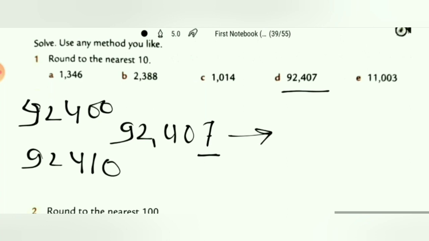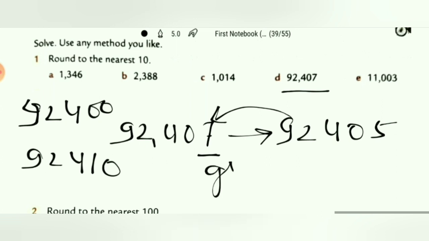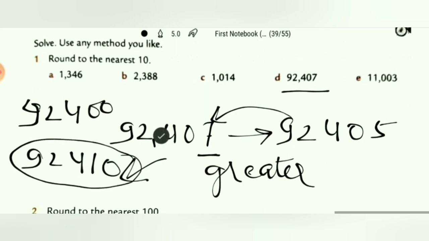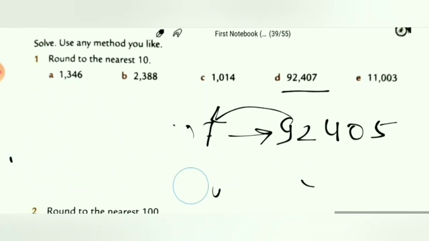So here the middle value will be 92405. It means this number is greater. So our answer will be 92410. Done.